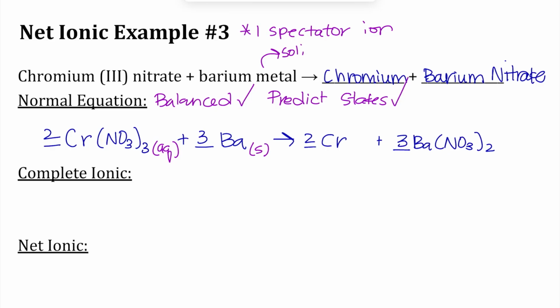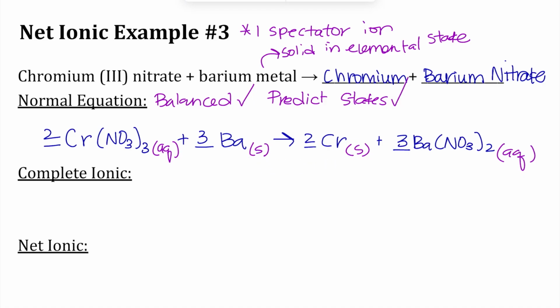So anytime you see a metal, it's a solid in elemental state. And then because chromium and barium are switching out, chromium is also a metal, so that is going to be a solid. And then that barium nitrate is aqueous according to our nitrate rules.